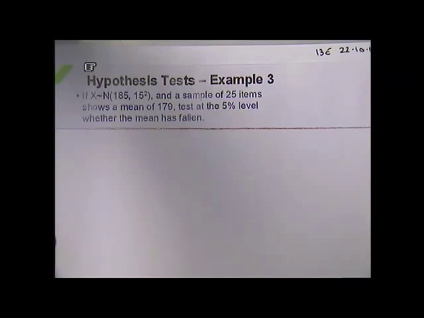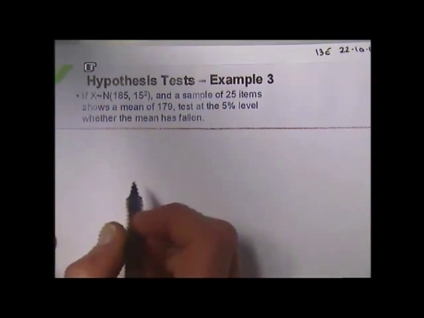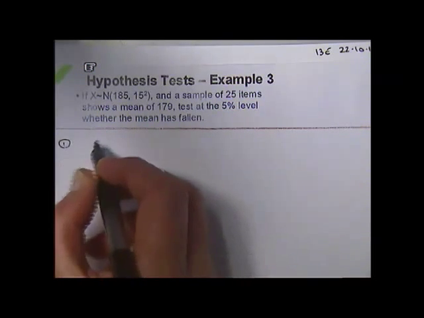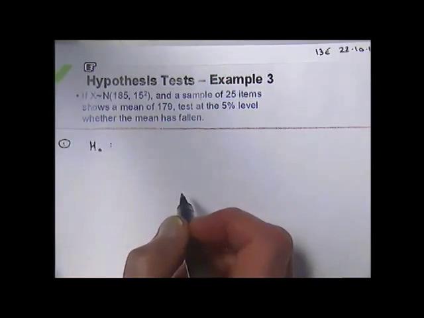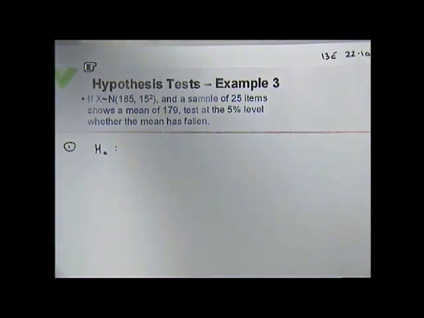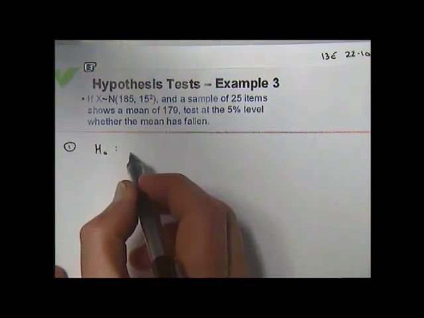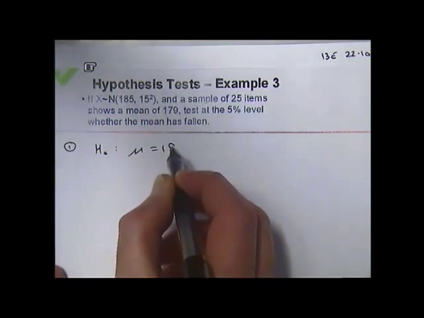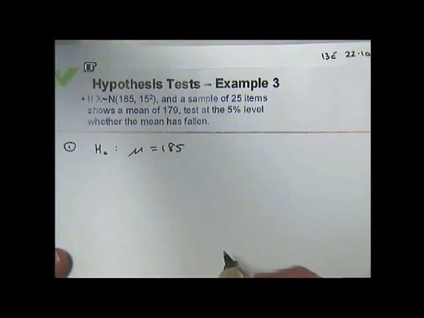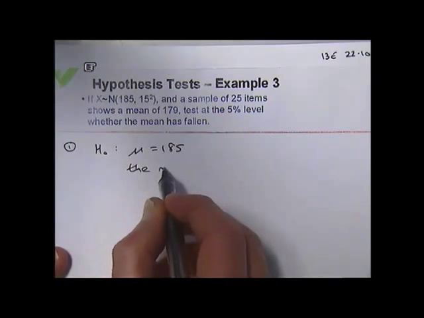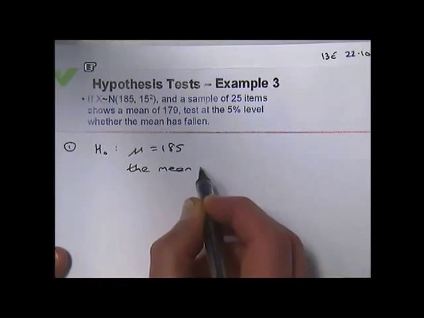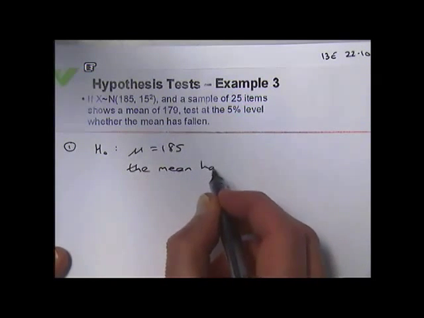So what was step 1 of any hypothesis test? Write down the null and alternative hypothesis. H0 is nothing exciting has happened, it's always just the status quo. So in stats language, mu is still 185, and in English, the mean has not fallen, or the mean is unchanged.